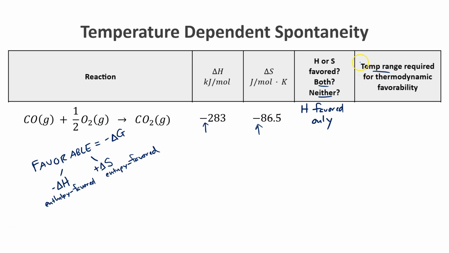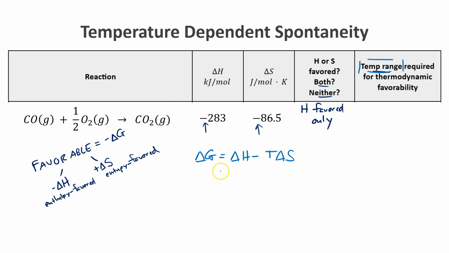Next thing I'm going to do is try to figure out the exact temperature range where favorability occurs. To do that, we have to use the equation delta G equals delta H minus T delta S. Now with this equation, there's some scenarios where there really isn't a temperature range, or at least the temperature range would be something like all temperatures.